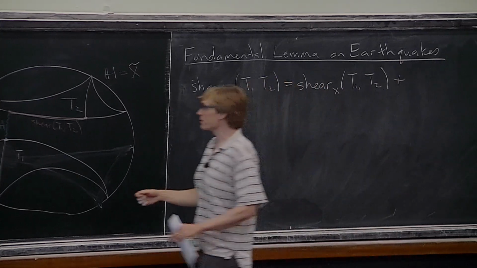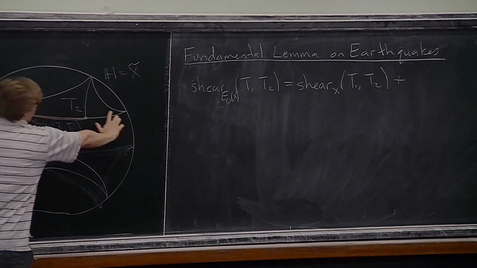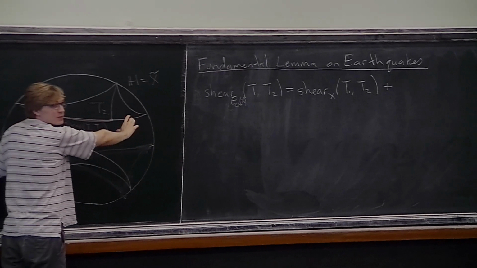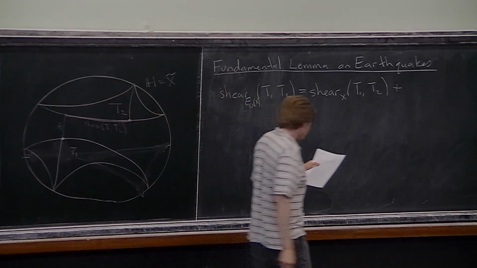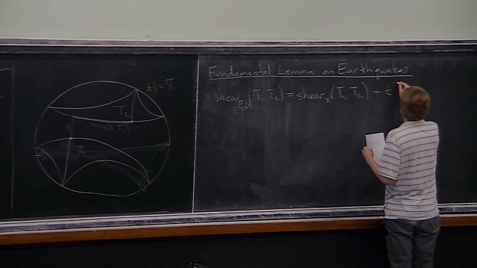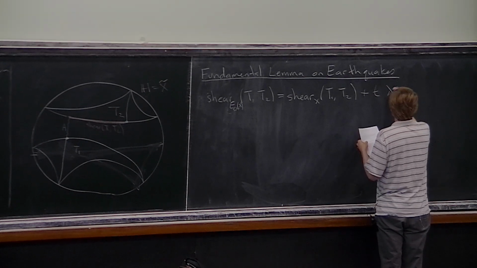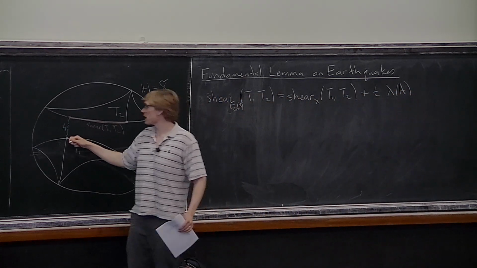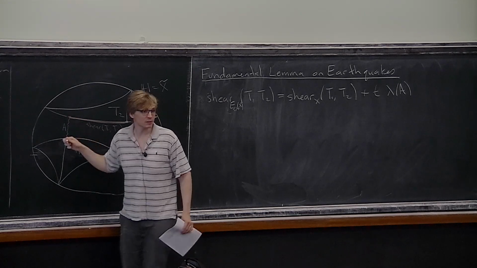You can imagine if I'm doing a right earthquake, which sort of shifts everything to the right, somehow the shear should be getting bigger. It gets bigger by a simple amount. And it's by this transverse lambda measure of this arc.